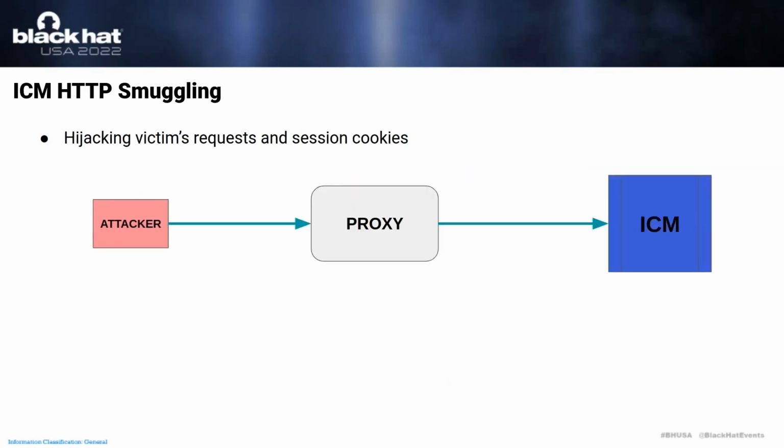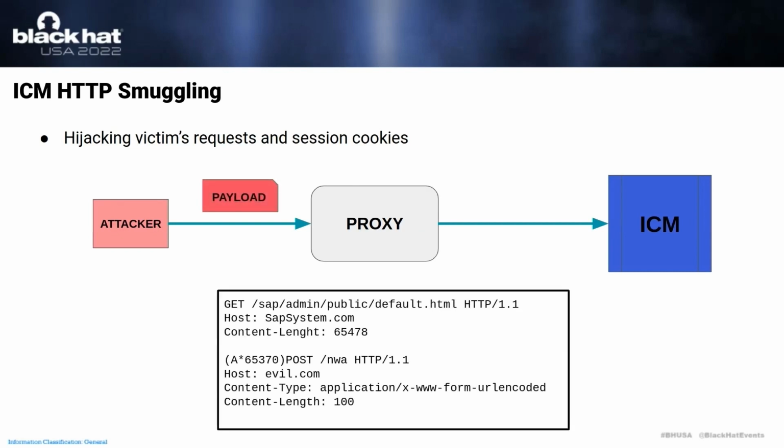So let's combine these NWA features and the synchronization to hijack a victim's request and a victim session. To do so, the attacker will send a payload, which is just a request to an internal handler, that will contain a smuggled request.